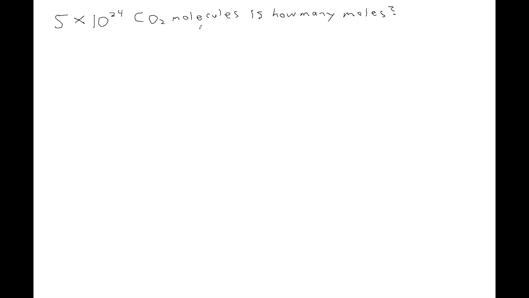So first thing you do is you get your target unit, which is going to be moles of CO2. Then you write what you have, which is 5 times 10 to the 24th CO2 molecules.